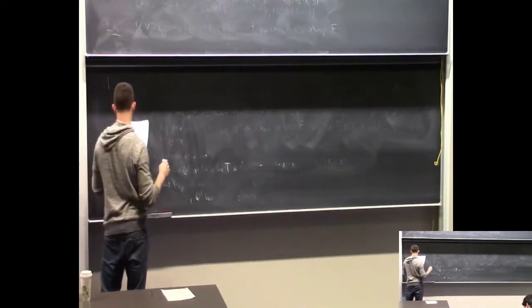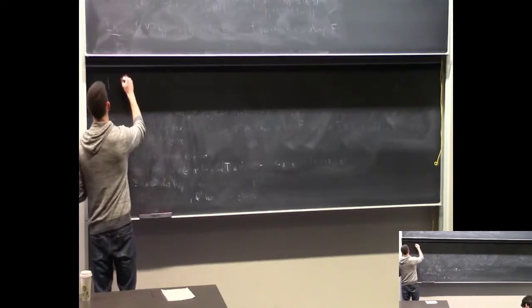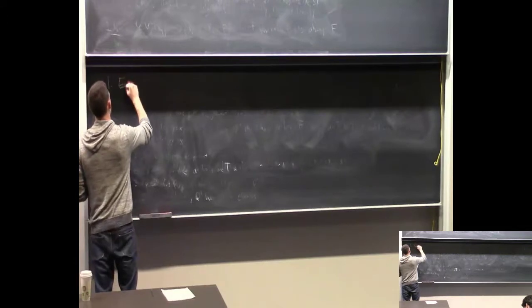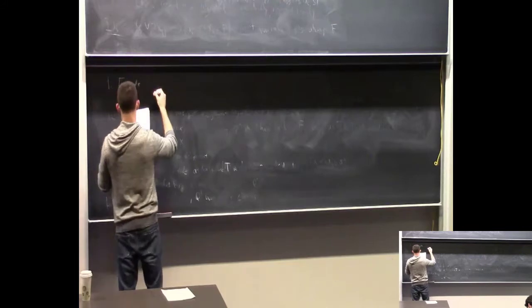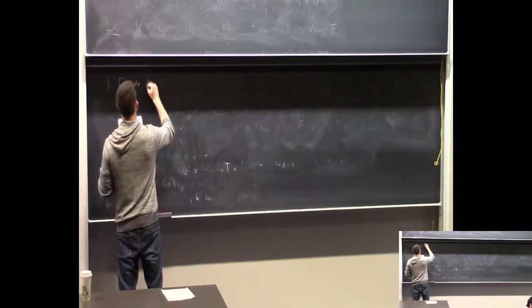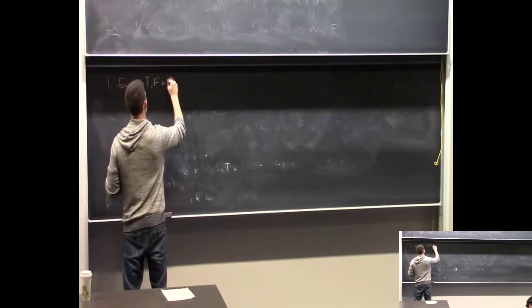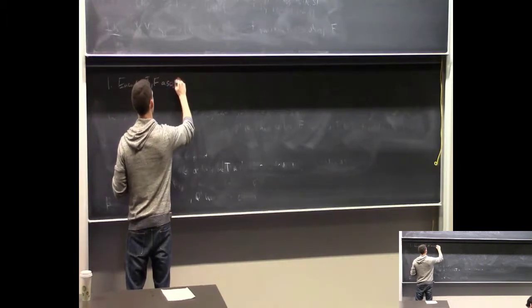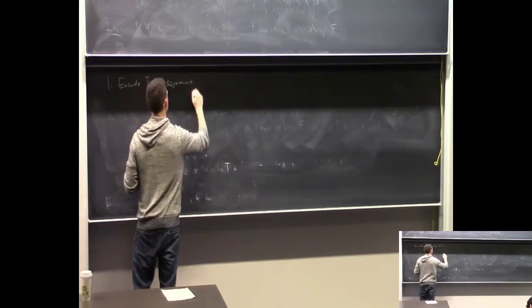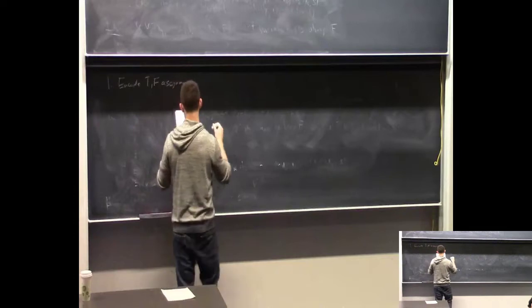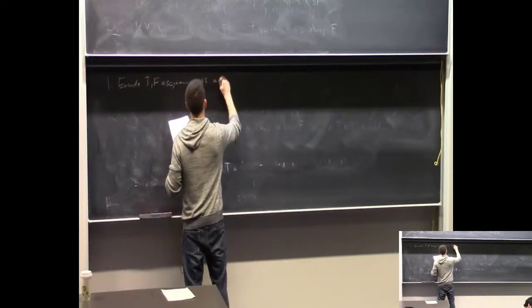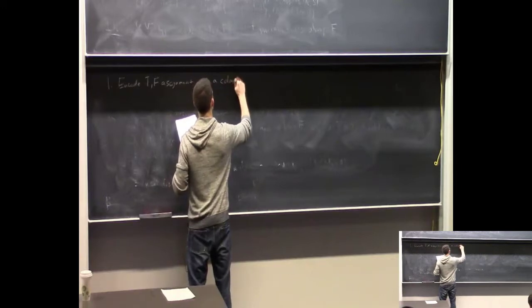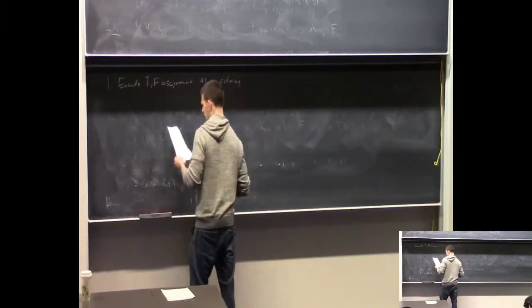So one, we're first going to think about how we might encode a true and a false assignment to the variables of our NAE-SAT instance as a coloring.